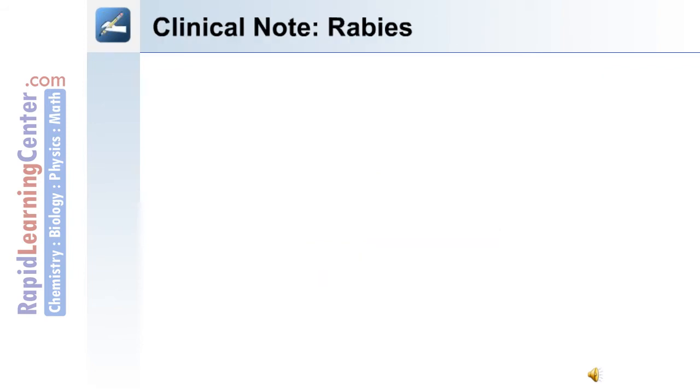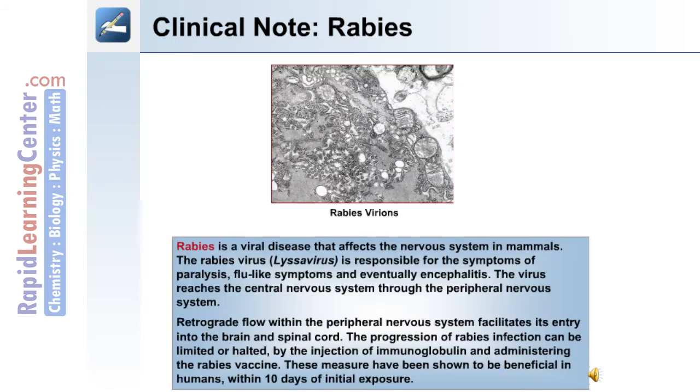The following is a clinical note on rabies. Rabies is a viral disease that affects the nervous system in mammals. The rabies virus, which is a lyssavirus, is responsible for the symptoms of paralysis, flu-like symptoms, and eventually encephalitis. The virus reaches the central nervous system through the peripheral nervous system.